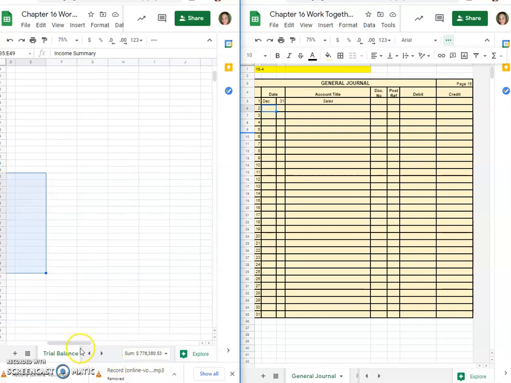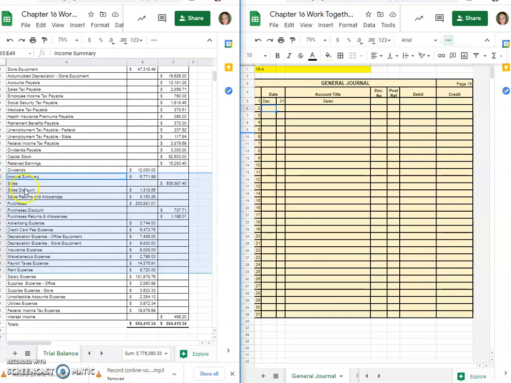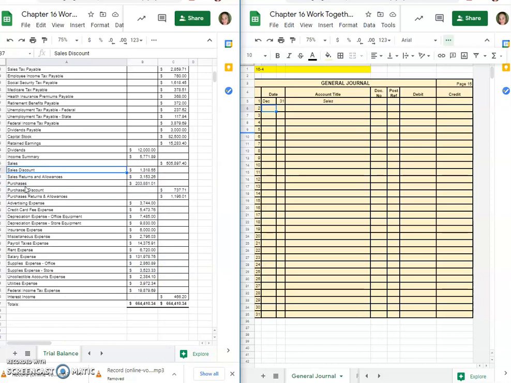Sales, purchases discount, and purchases returns and allowances both have credit balances, so we'll put those amounts all in the debit column.